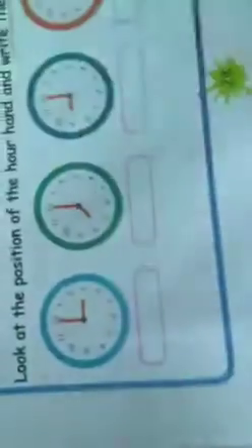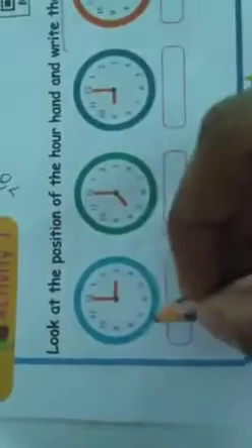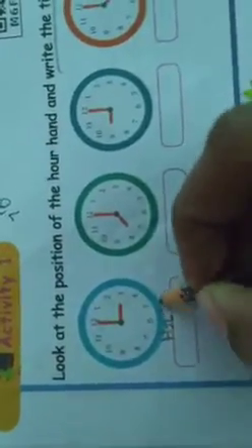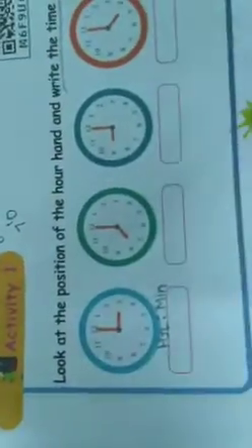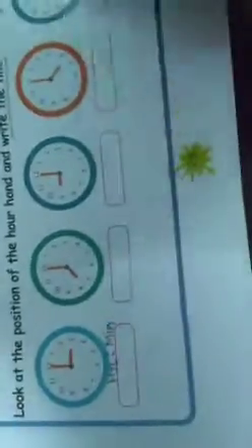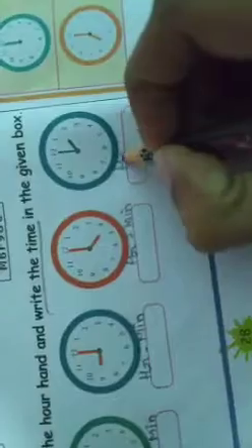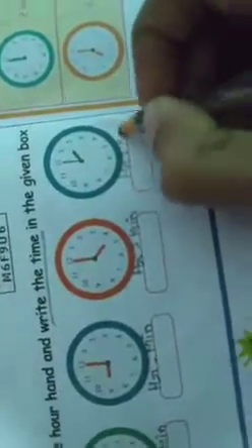Look at the first clock. Okay, first in the clock means the first what? Yes, hour, colon, minute. Isn't it? So in all boxes first write hour, colon, minute. Okay?